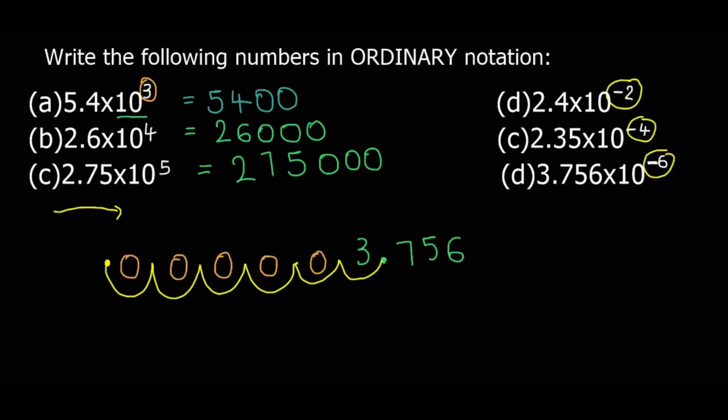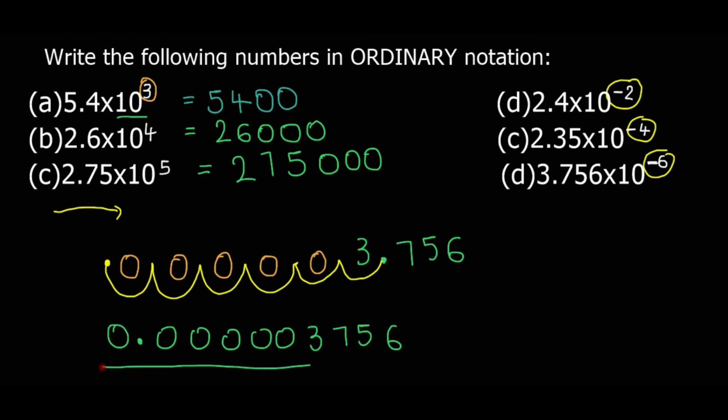And this means we have 0.0003756, and then you can put 0 at the beginning, and then this is our answer for part D.